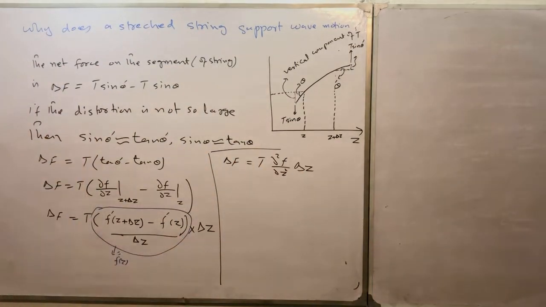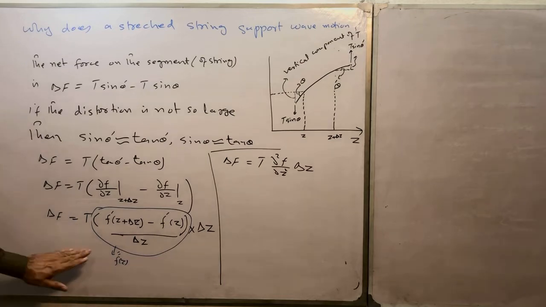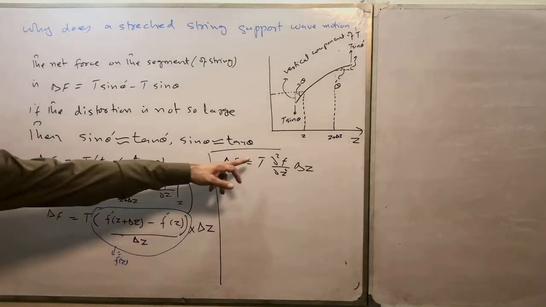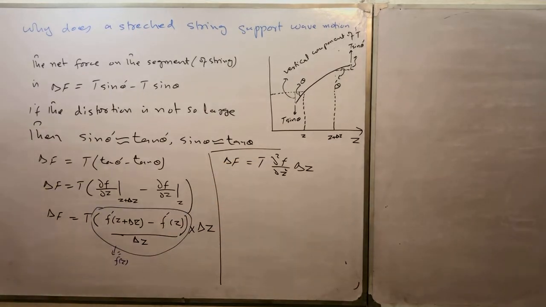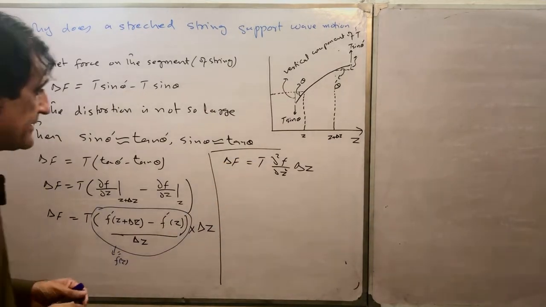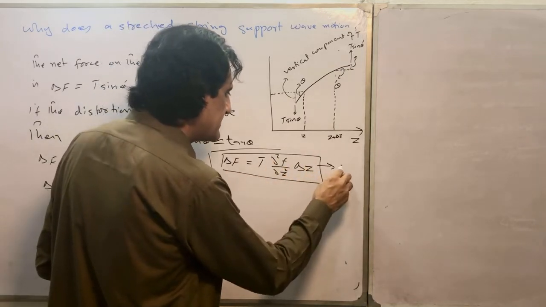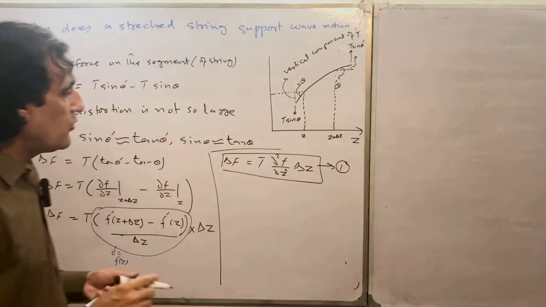This is a mathematical expression. You can find this everywhere in mathematics. So this is equal to f double prime, and f double prime means partial square f divided by partial z square. And I consider this as equation 1.